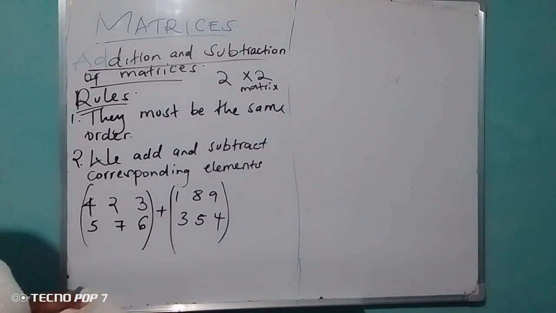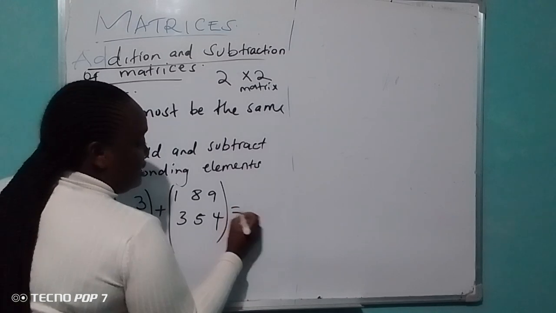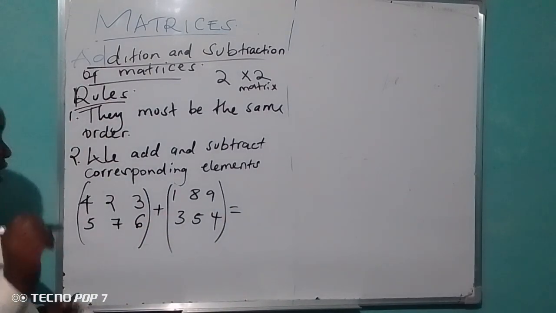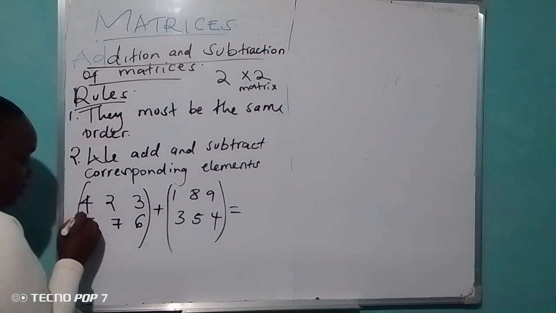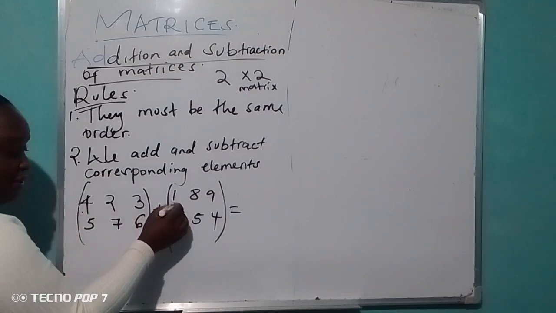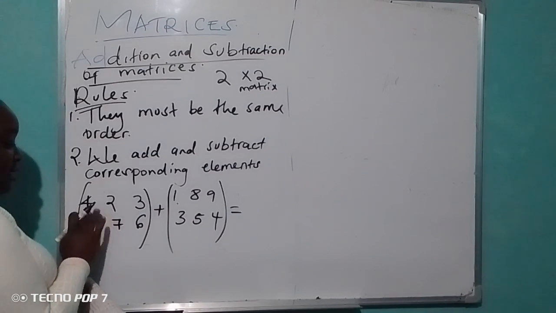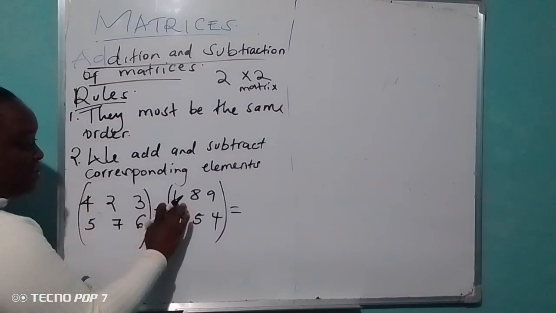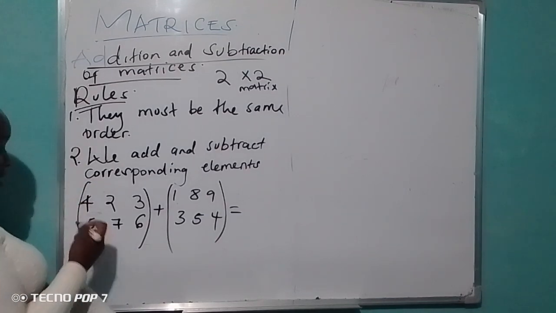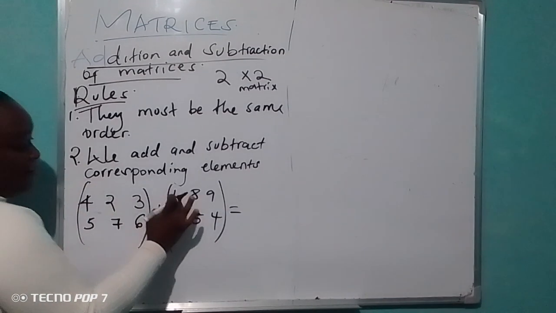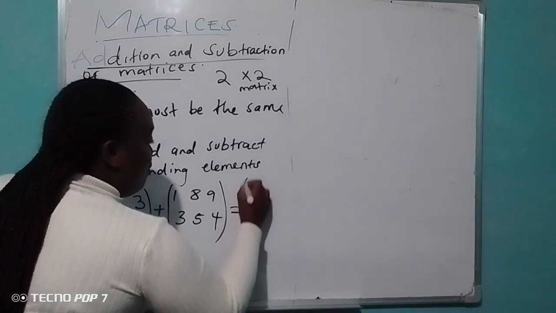So when we are adding this, we are adding corresponding elements. 4 plus 1. So elements, first row, first column, first row, first column. That is what we mean by corresponding elements. So we will add 4 plus 1.